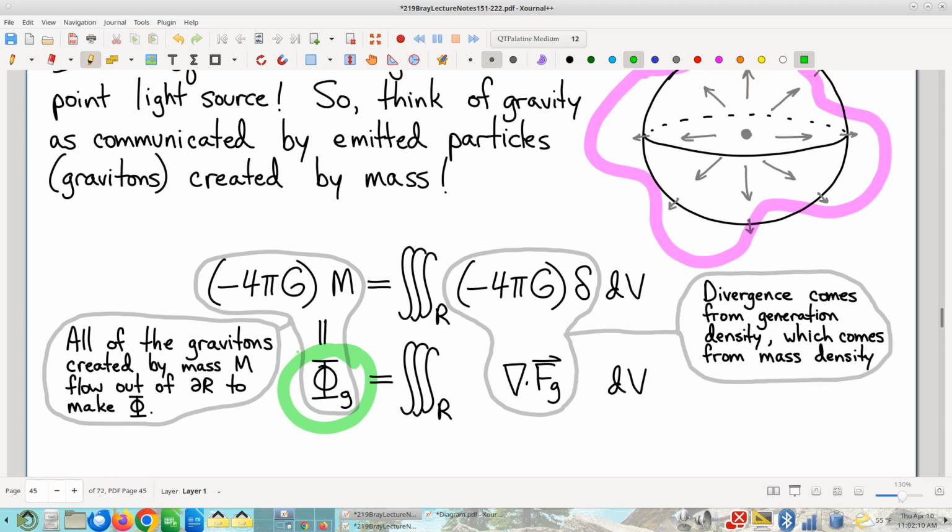All of them. Just like light bulbs. Same story. So, more mass means more flux. Just like if I were to say, more lumens on my light bulbs means more flux of photons. Well, of course. So this claim right here is really just this innocent observation that mass creates gravitons. Gravitons are flux.